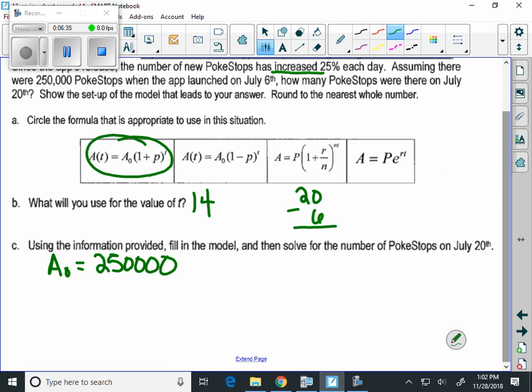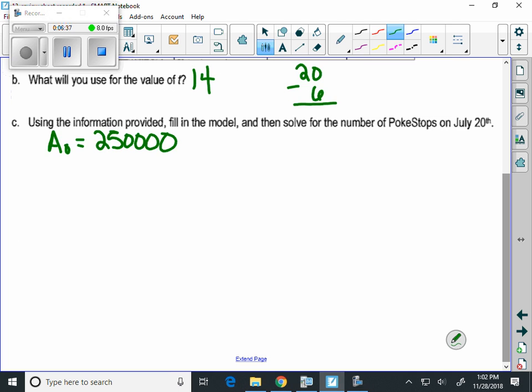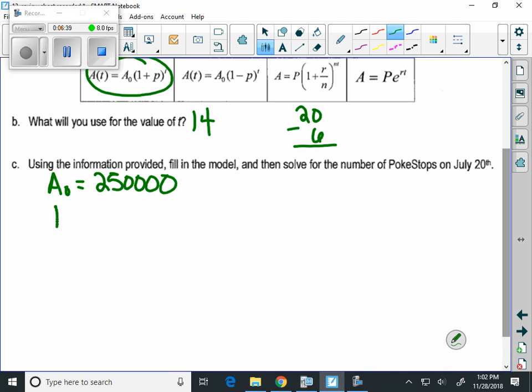And it says that we increase 25% each day. So here's 25%. Remember, we need to move our decimal point 1, 2 spaces to the left. And we get 0.25. Again, we already know that our time is 14.